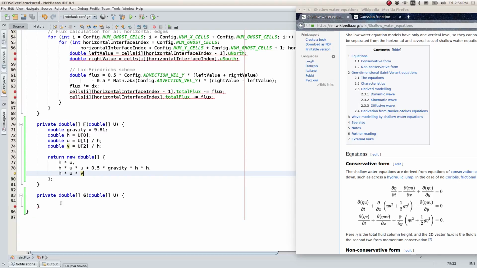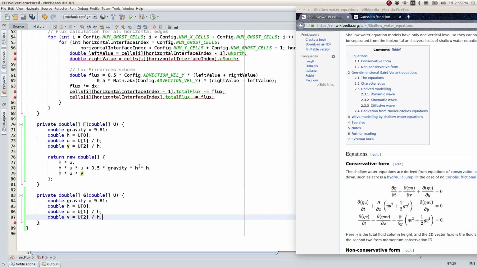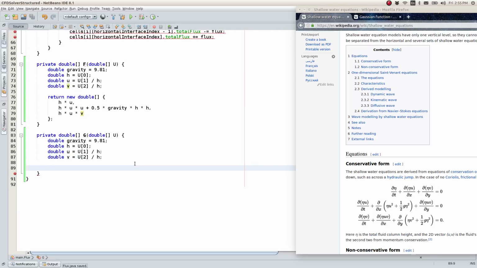Now similarly we have to define g as well, so let us do the same thing. This is not going to change, however what I return is going to change. So it's going to be a double array. So what is this going to be?